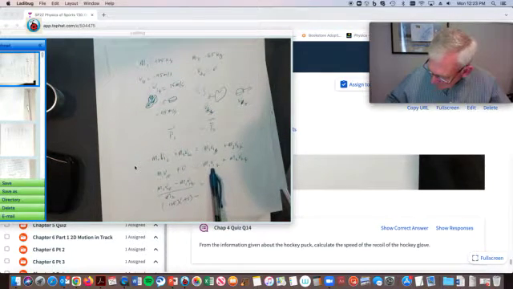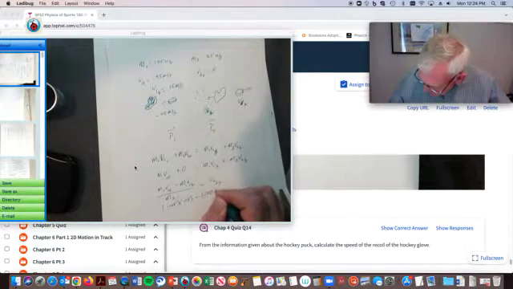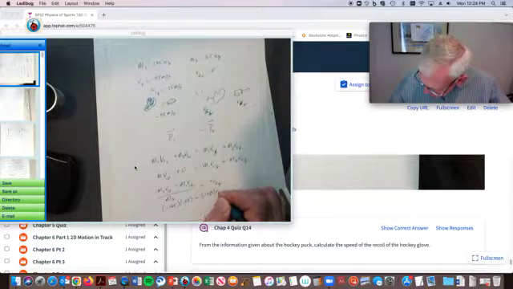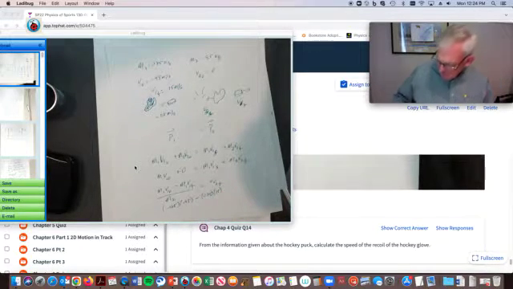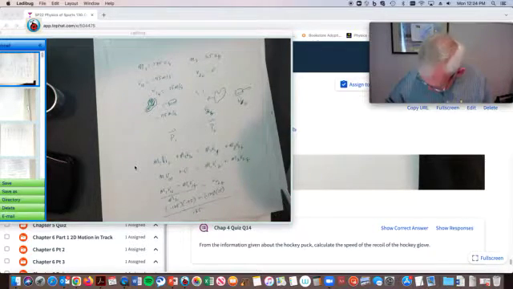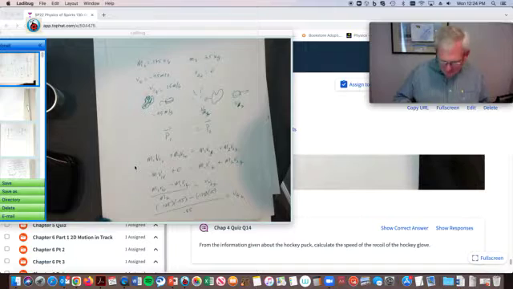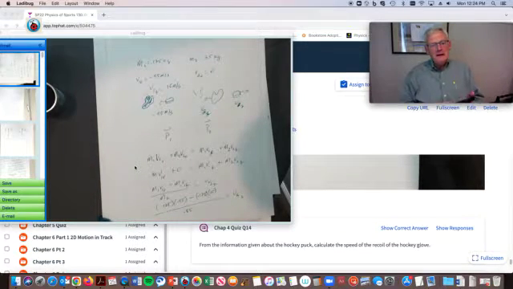So it was positive over here, we bring it over here, now it's minus 0.175 times 15, divided by the 0.85, and that should give me the final velocity.